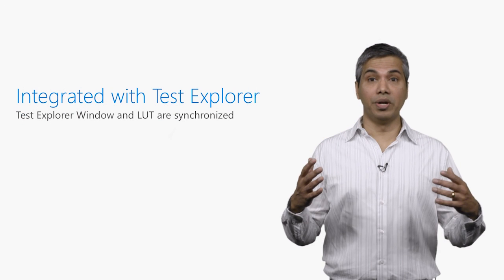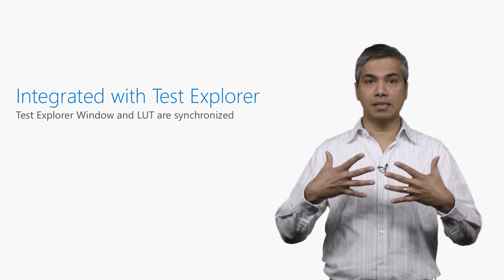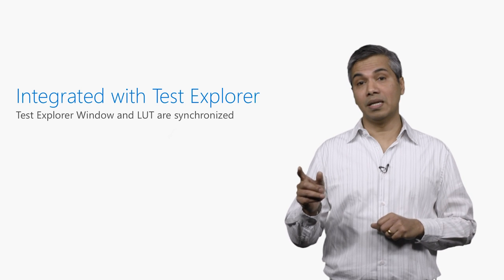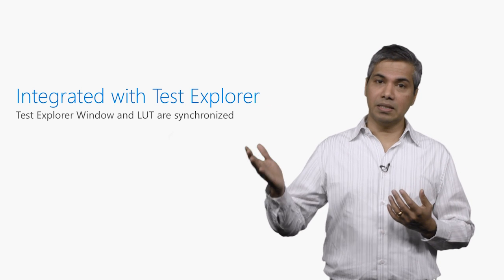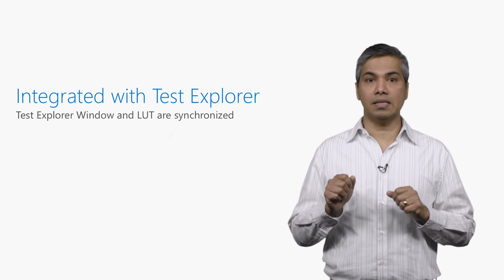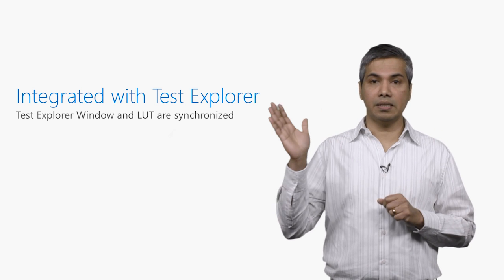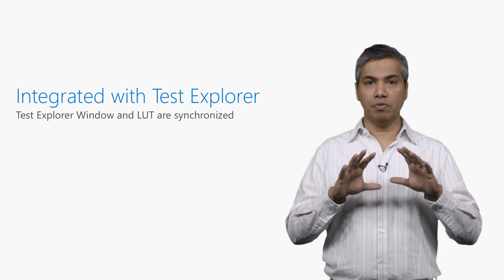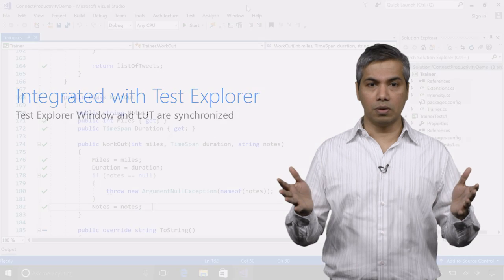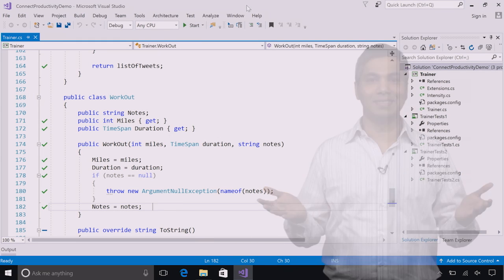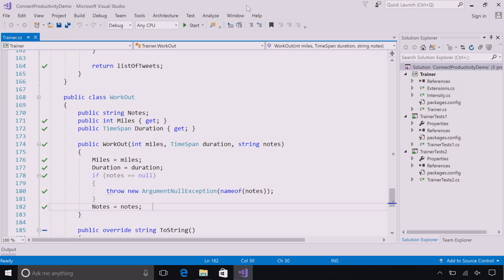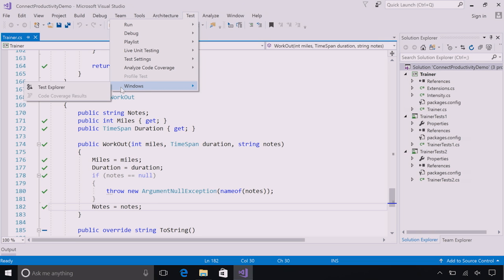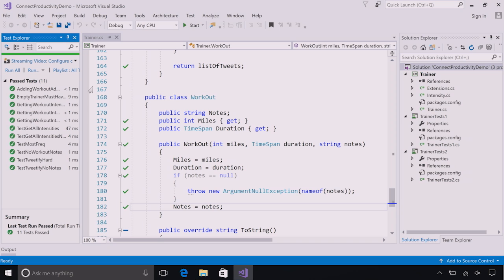The Test Explorer window and live unit testing are synchronized. As you change your code, live unit testing runs the impacted tests, and only those tests are shown bright in the Test Explorer window. The rest of the non-impacted tests are dimmed out. Let's take a look. Let me bring up the Test Explorer window. Test, Windows, Test Explorer.